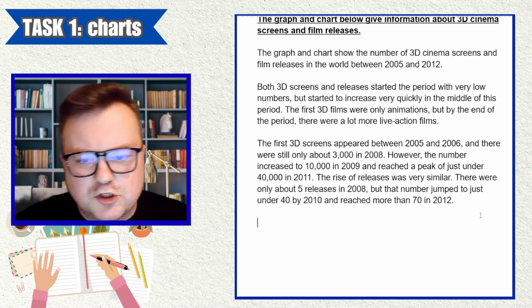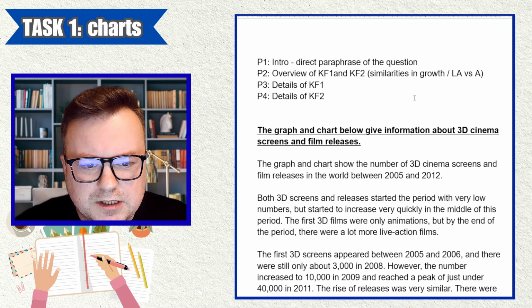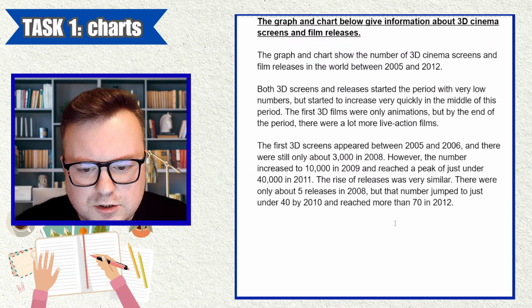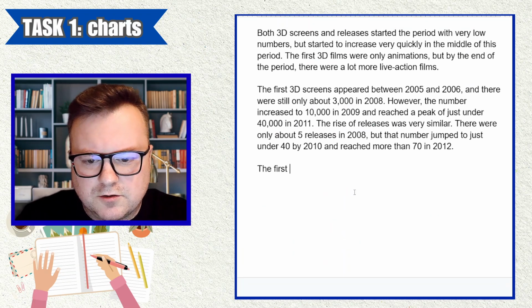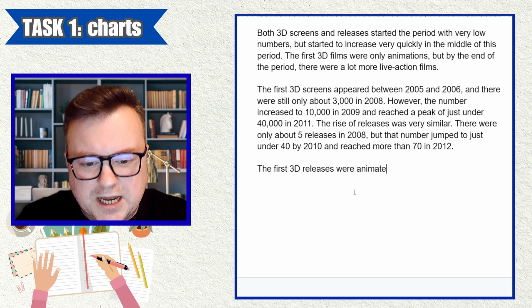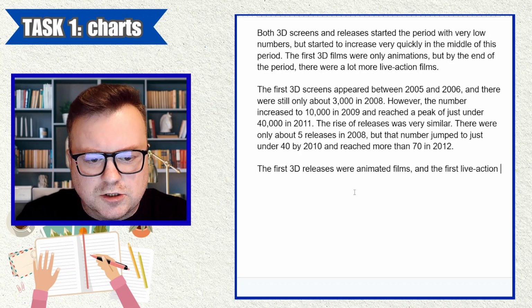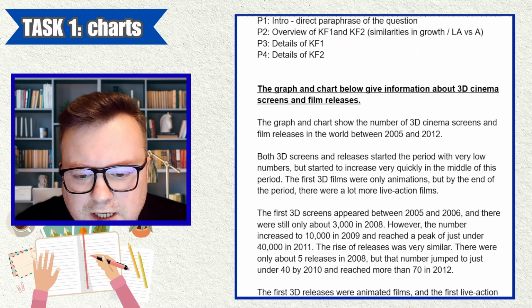So key feature 2. We know our key feature 2 is live action versus animation. The first 3D releases were animated films, and the first live action 3D film appeared in 2008.